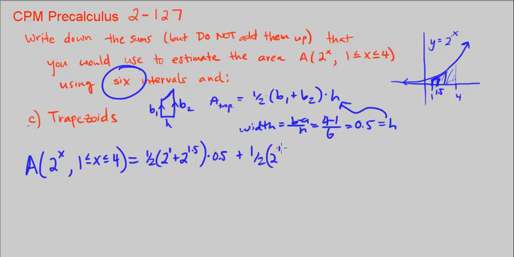So this is 2 to the 1.5 power plus the one we're always going to be adding, right, 0.5, which is the width. So this is 1.5 plus 0.5, 2 to the 2.0 power times the height. Remember, we're looking at the area of a trapezoid.